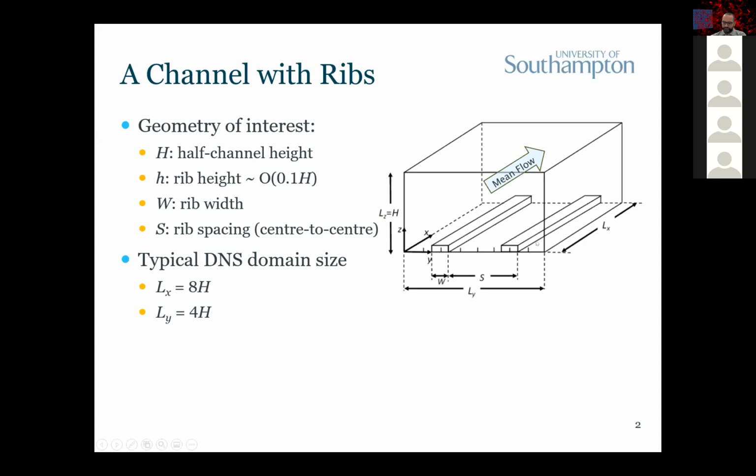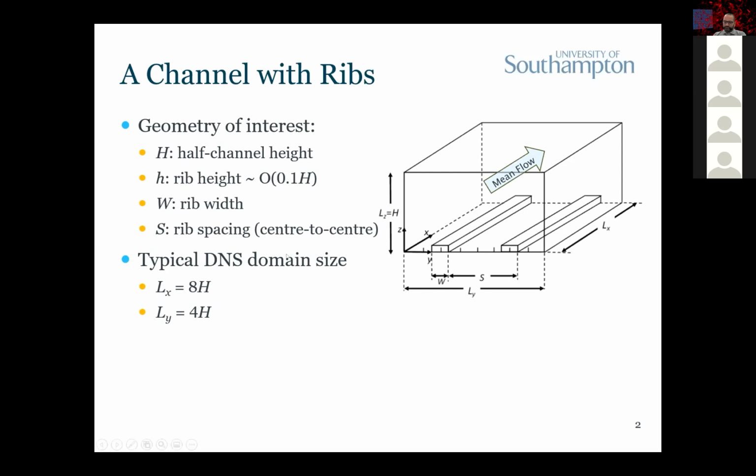Some of the important key parameters here are capital H, which is the half channel height, and lowercase h, which is the height of the rib, in this case about 10% of the channel half height. W is the width of the rib, and S is basically the period in span of the ribs.